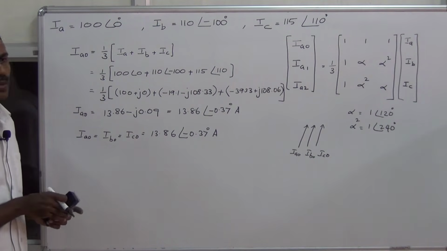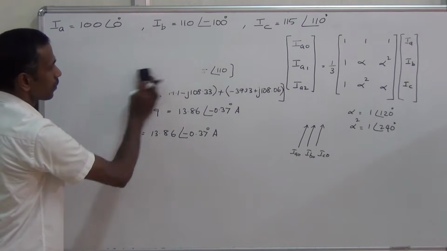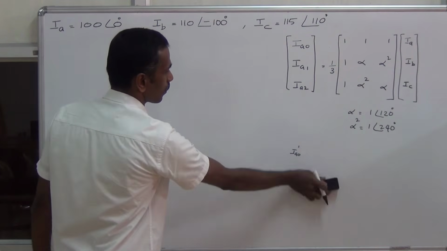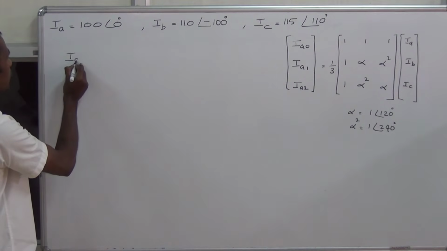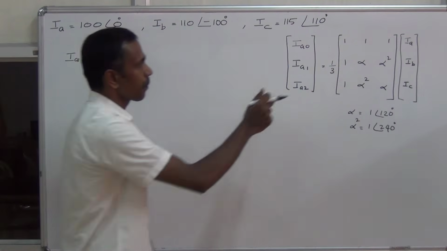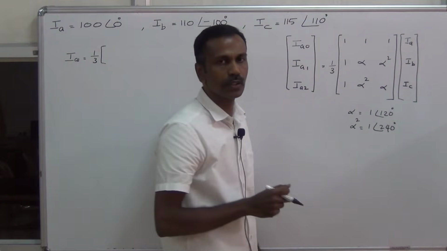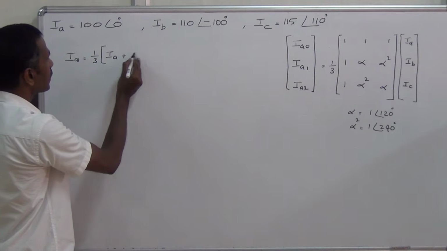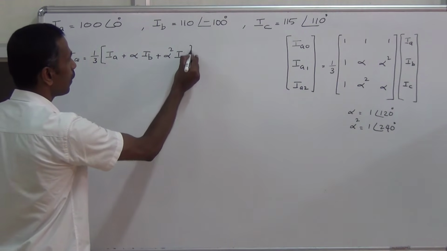Now let's find out the positive sequence currents. The positive sequence current IA1 equals 1/3 into IA plus alpha IB plus alpha square into IC.